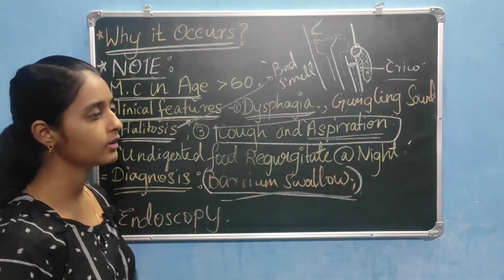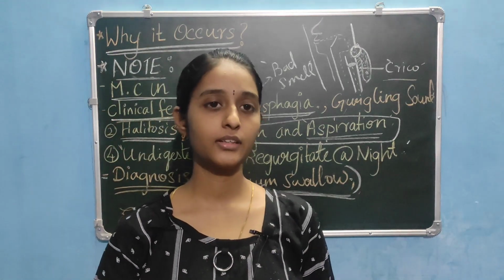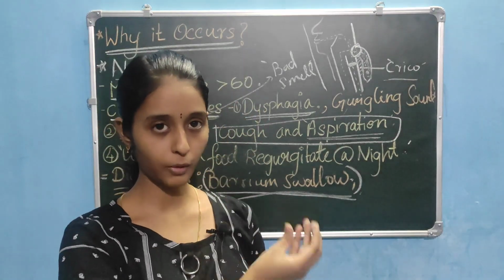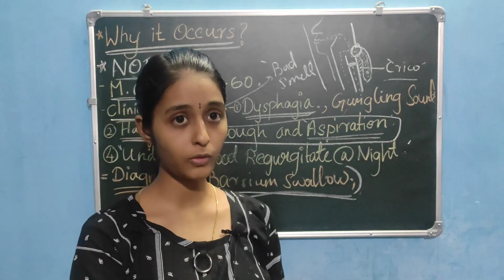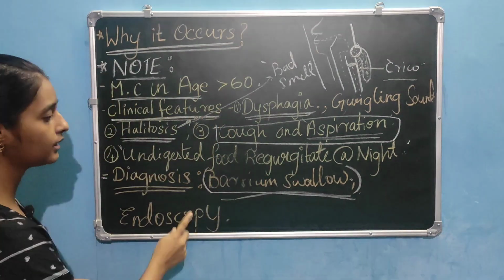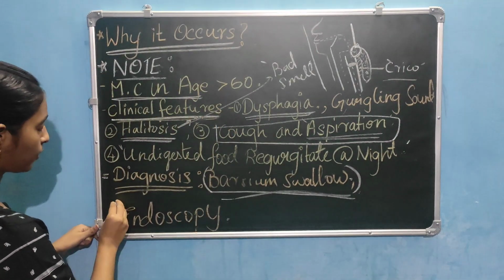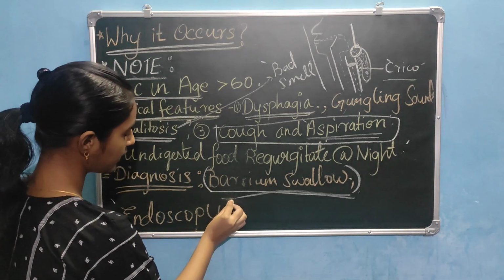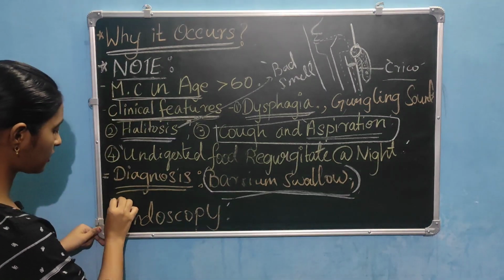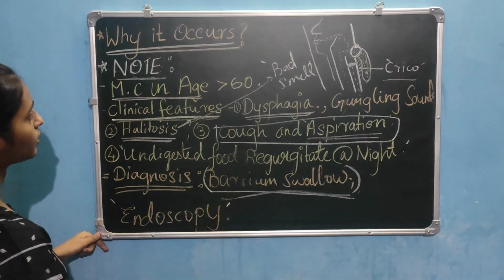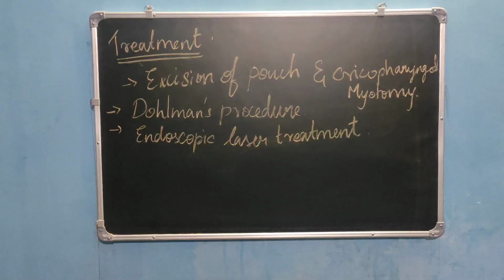In the lateral view of the barium swallow, you can know the size of the pouch. Endoscopy may cause some lesions, so it is not generally used. So that is about diagnosis.